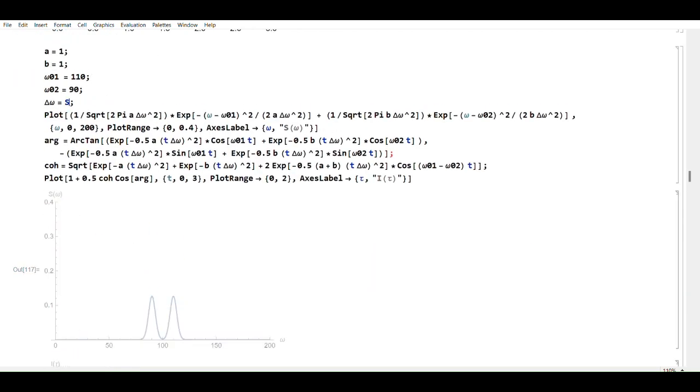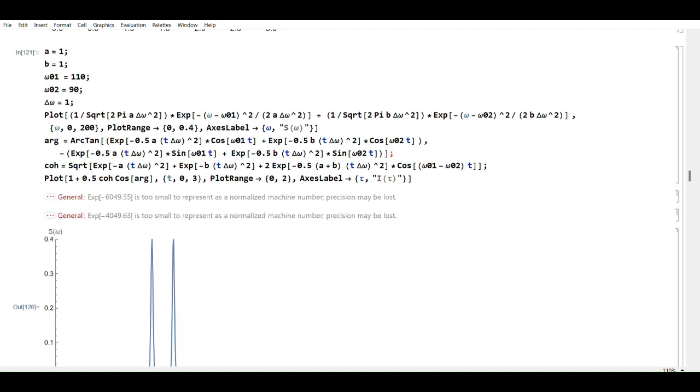Okay, so that's that. We have checked all by changing all these parameters.